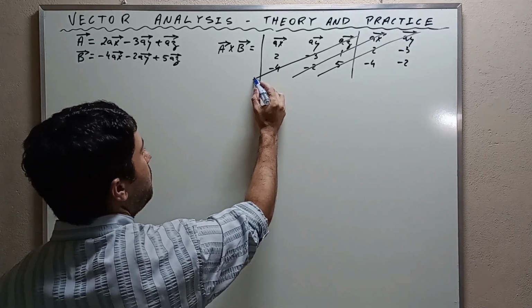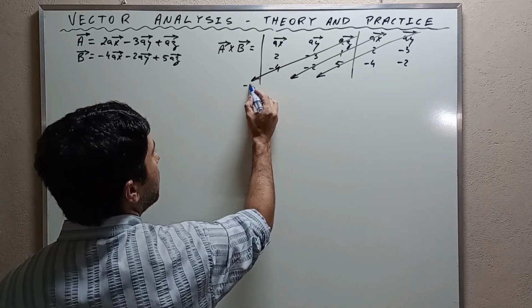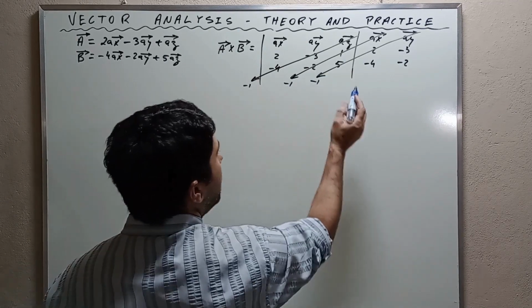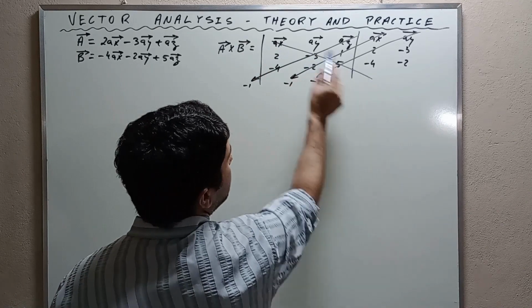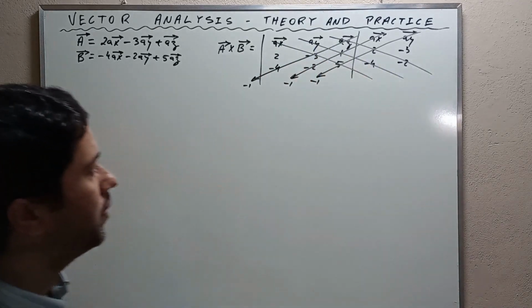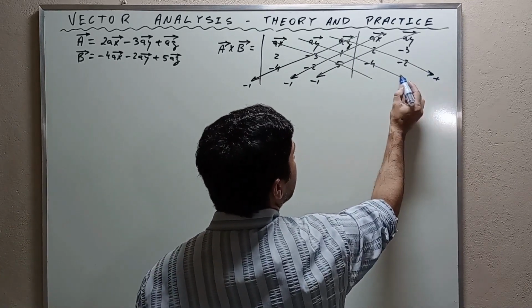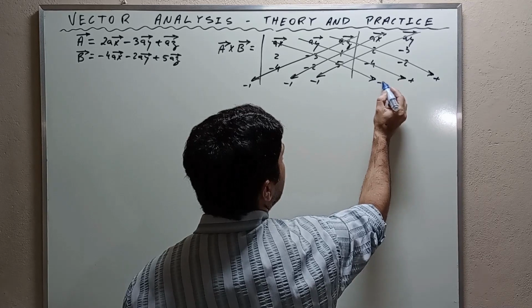These arrows here will be multiplied by -1. And these arrows here, the sign stays the same. Positive, positive, and positive.